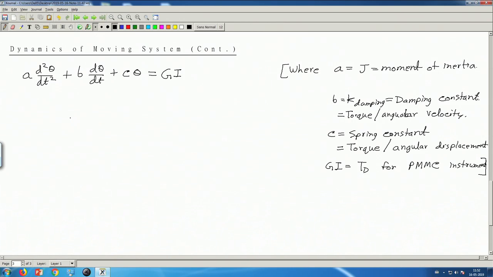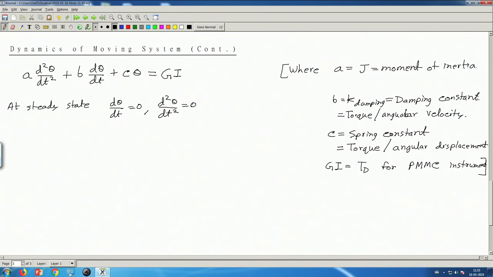Now, at steady state, that means at the equilibrium state where the pointer stops, we will have dθ/dt equal to 0, and we will also have the acceleration equal to 0, when the pointer stops completely at some position.